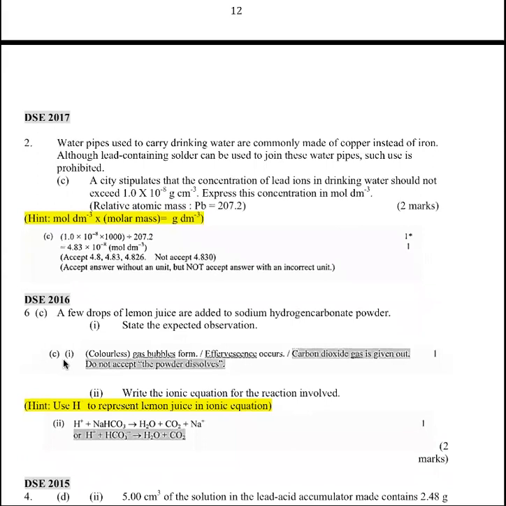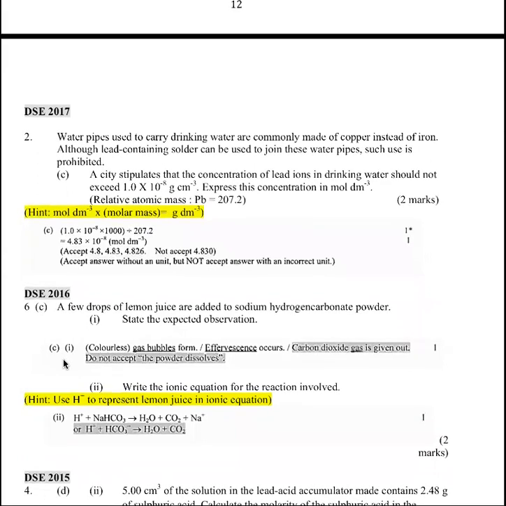Next question. Express this concentration in mole per dm cube. A lot of you made mistakes for this one, not in doing the calculation but in converting the unit. For this one, the question gives you the concentration in gram per cm cube.